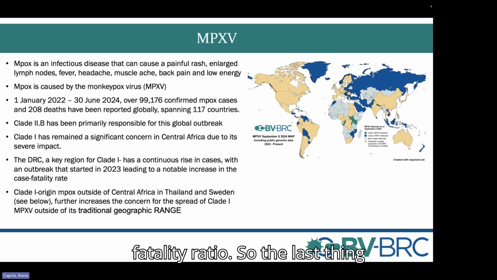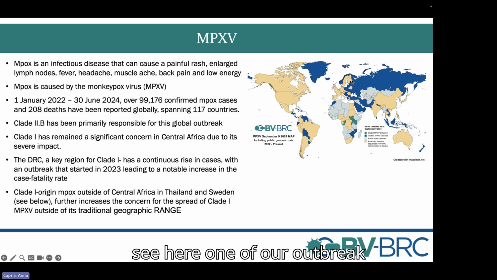So the last thing is there is some concern for clade 1 outside of Central Africa. There's been one case in Thailand and one in Sweden, just being cautious of outside of the traditional host range or geographic range.